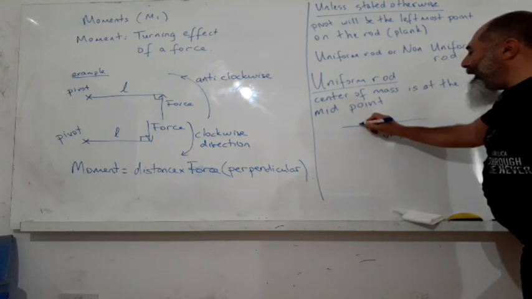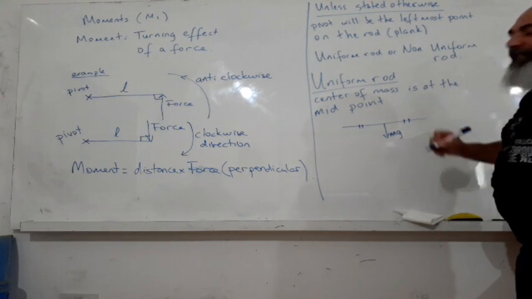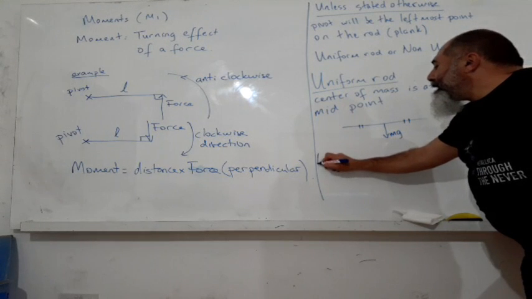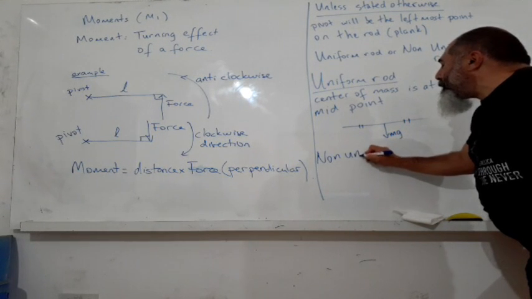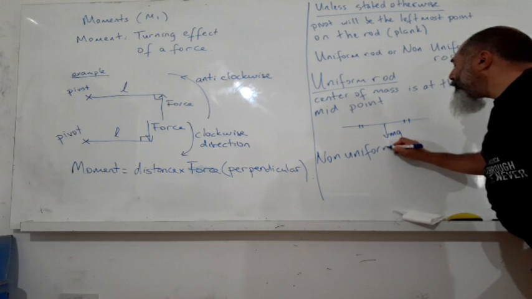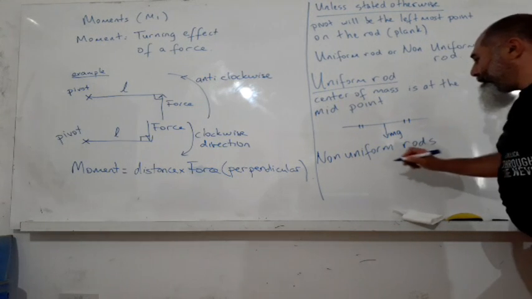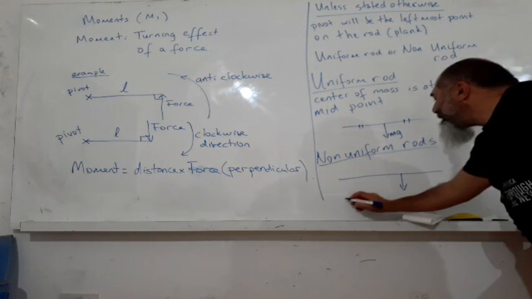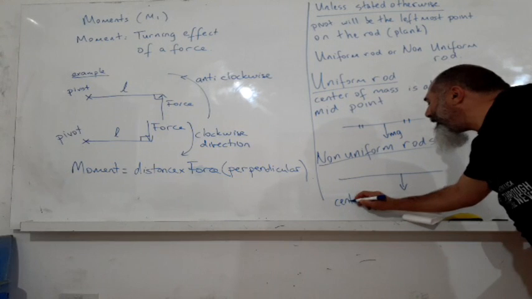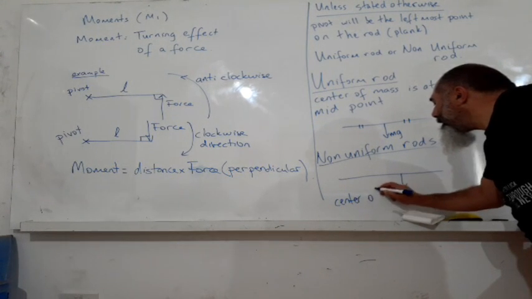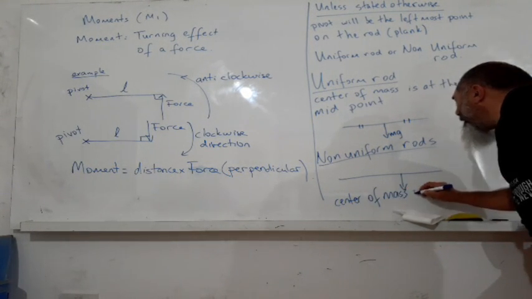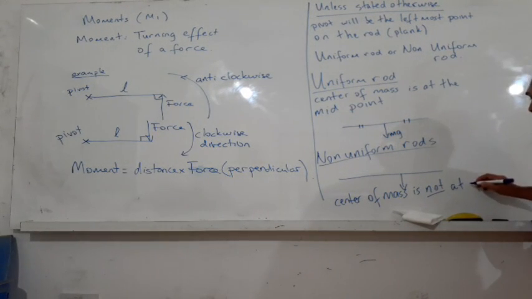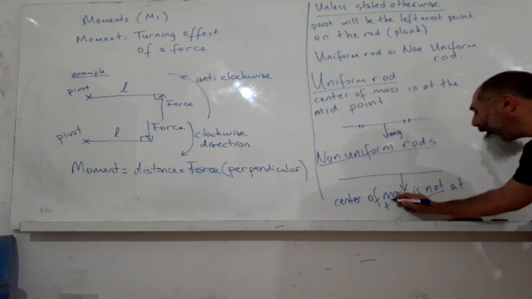Then that distance has to be equal. And for non-uniform rods, the center of mass is not at the midpoint.